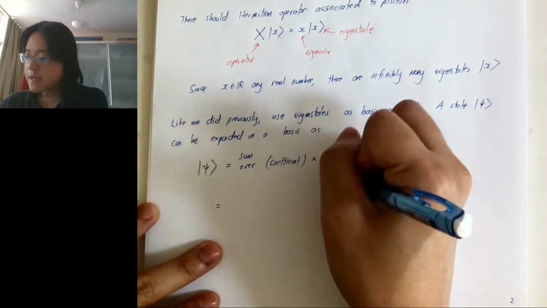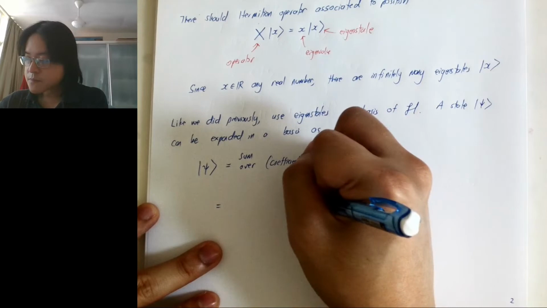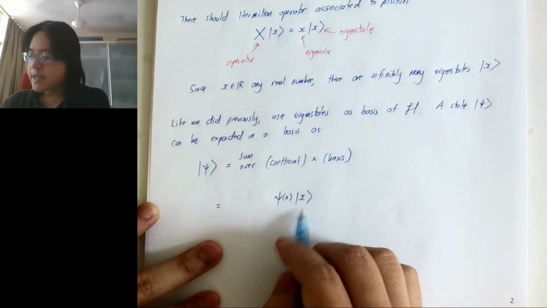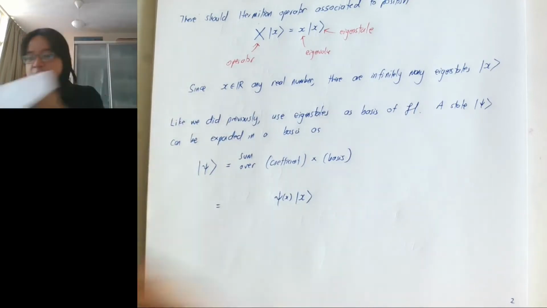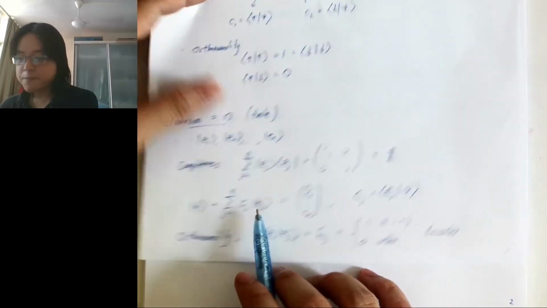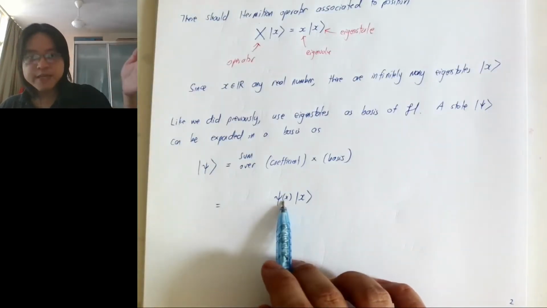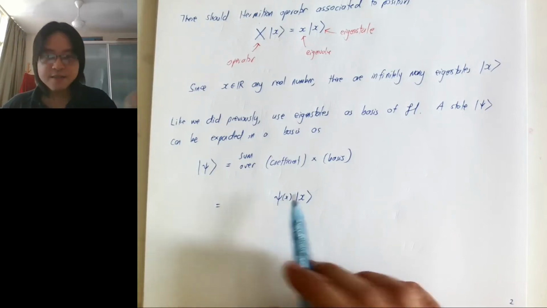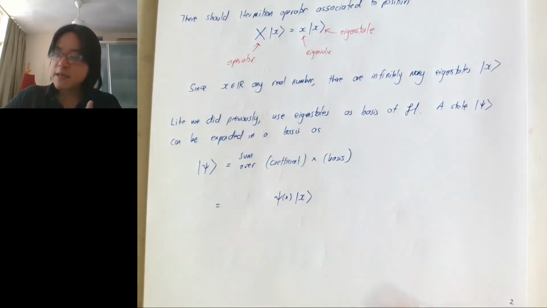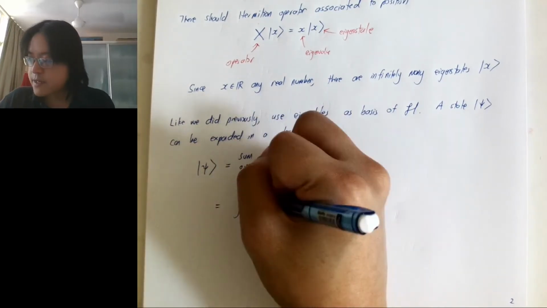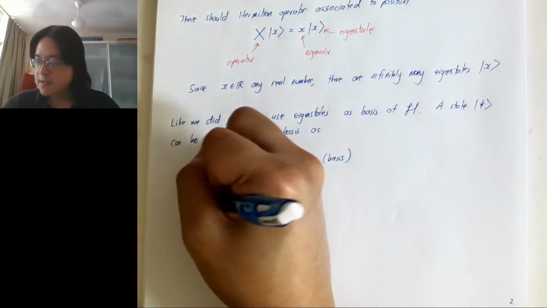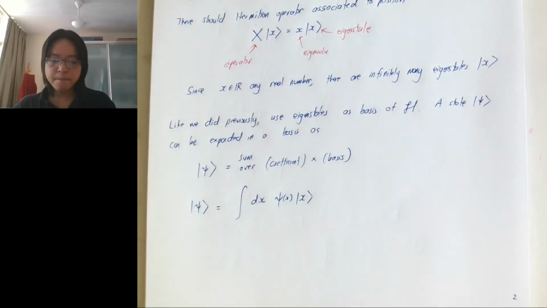So my basis is going to be x, and the coefficient is going to be some coefficient that depends on x. The basis ej is attached to some coefficient cj, so the basis of some x will be attached to some function of x. And because it is continuous, it's not enough to just sum over; we are integrating. So a state can be expressed in this form.